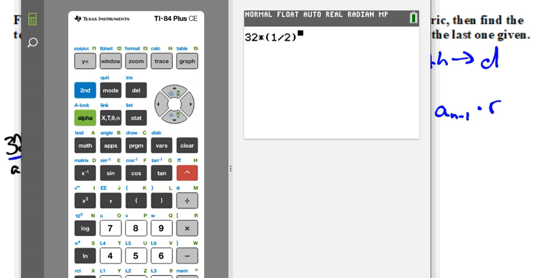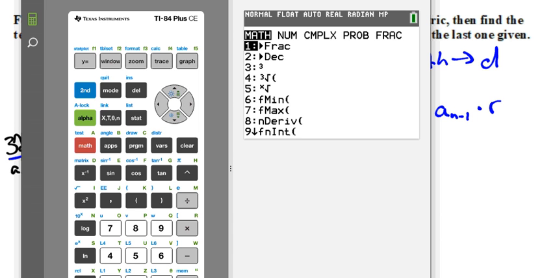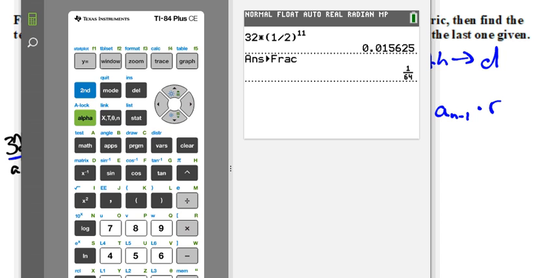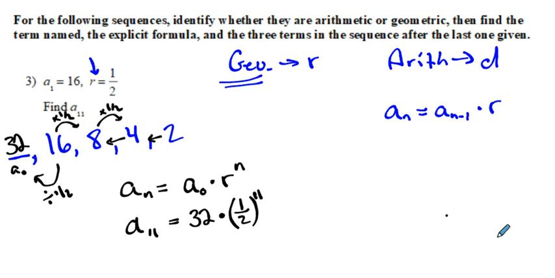If you do the fraction, I would always recommend putting that in parentheses, and you get 0.015625. And that is an accurate number, but we would rather have that as a fraction. So I'm going to hit math and then enter twice, and you see it is 1/64. So term 11 is 1/64.